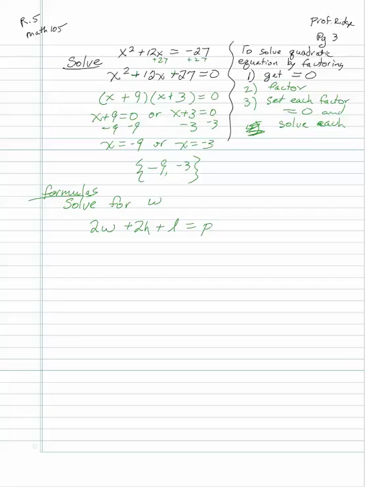In this case, this would be like a linear equation, because the W, we ignore all the other letters, W is to the first power. So I want to get W by itself. So I'm going to subtract the 2H, subtract the L from both sides, and then I'm going to divide everything by 2 to get the W by itself. Okay.